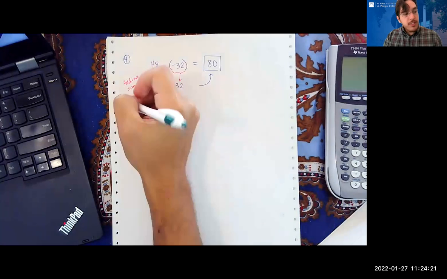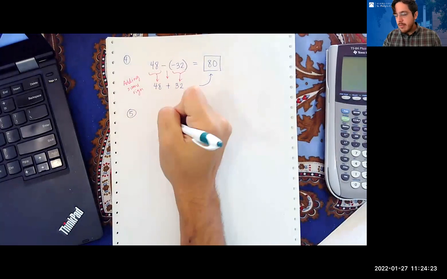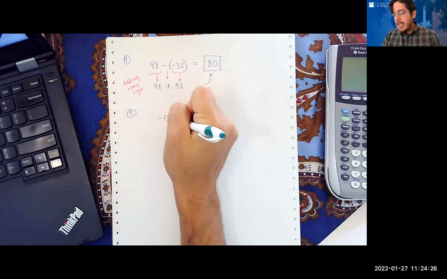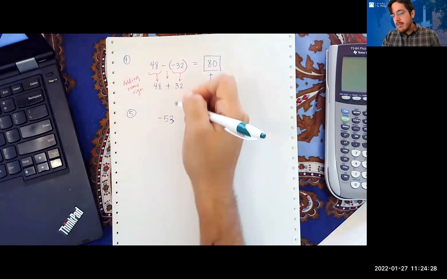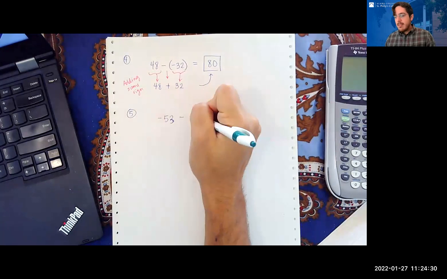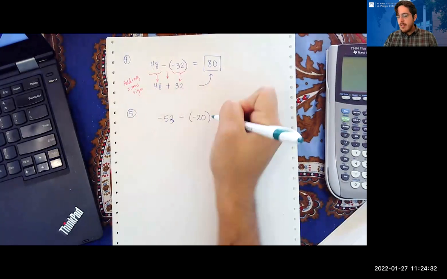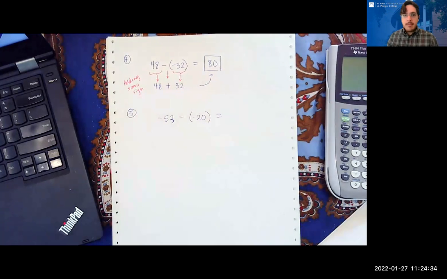What about negative 53 minus negative 20? What should this one be? What should we get as a result?